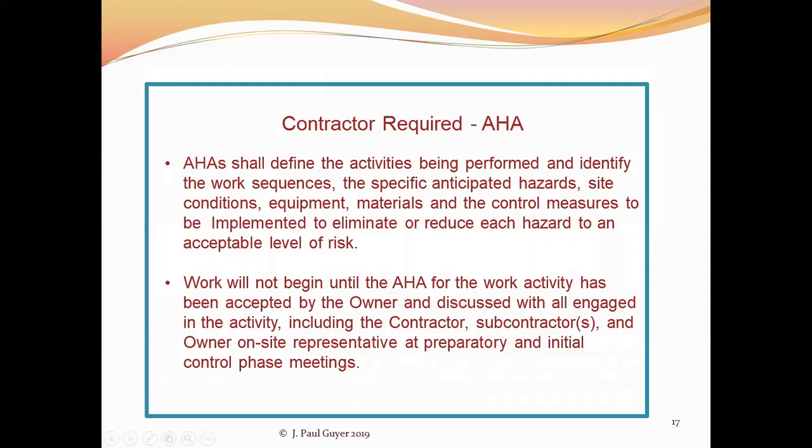So getting back here on the track of this 6-step process, and again, as we've already talked through here, the activity hazard analysis defines the activities being performed and identifies the work sequences, the specific anticipated hazards, both the potential that an incident will arise, and then the severity of the incident if it does arise, and the site conditions, any things about the particular job site that make it more hazardous.